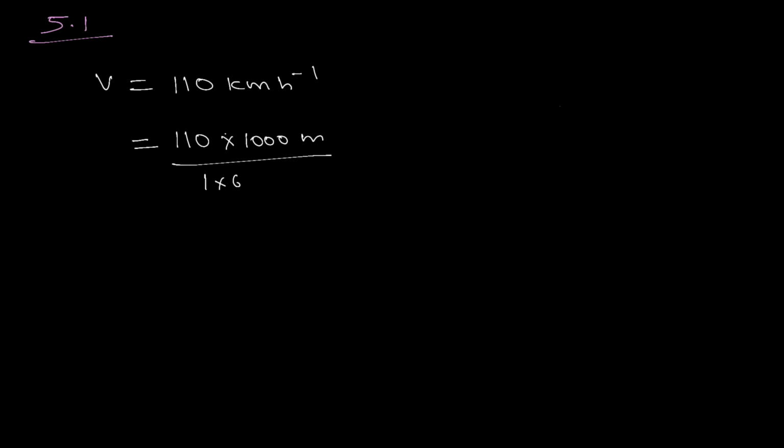Question 5.1. We need to show that the initial kinetic energy of the test vehicle is 700 kilojoules. So we know that the velocity given is 110 kilometers per hour, and that is 110 times 1000, because k is 1000 meters, divided by 1 hour. 1 hour is 1 times 60 times 60, changing it to seconds, and when you compute that in your calculator, you get 30.56 meters per second.